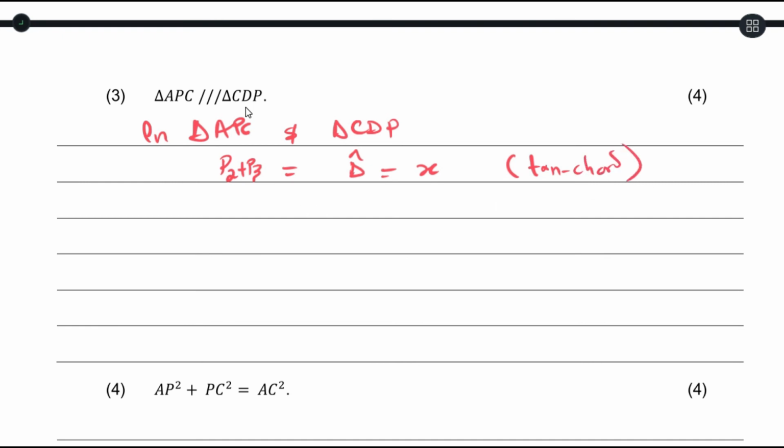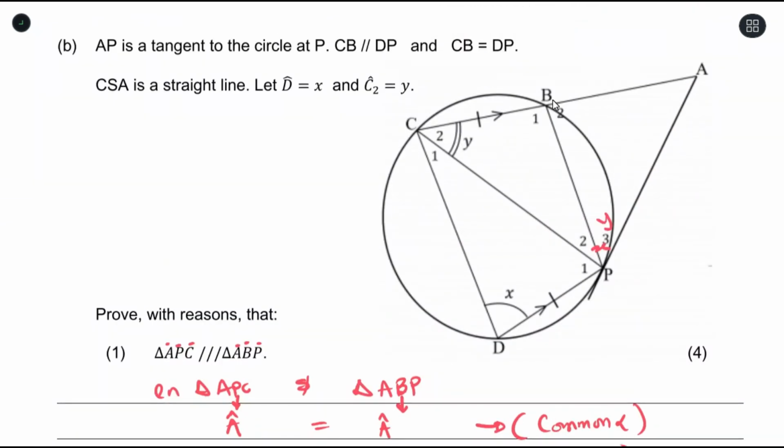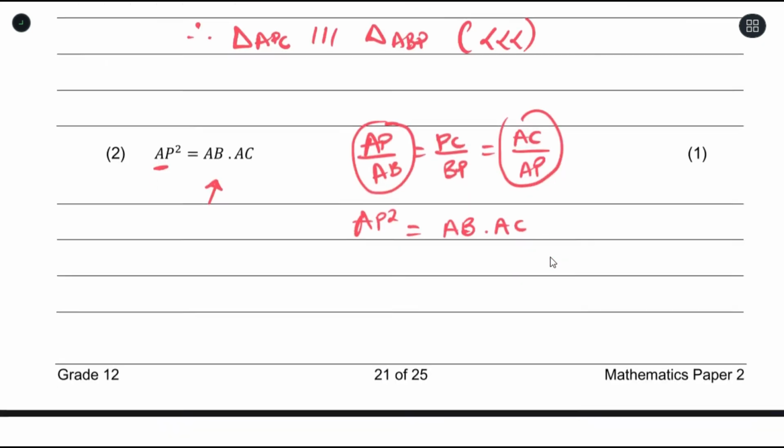Then we go with C and P, right? So the C here is Y, and the P here is P1, okay? Now those two are equal because of alternate angles. These are two parallel lines, and since they're parallel, that's like your N in front, right? So P1 is equal to Y over there.